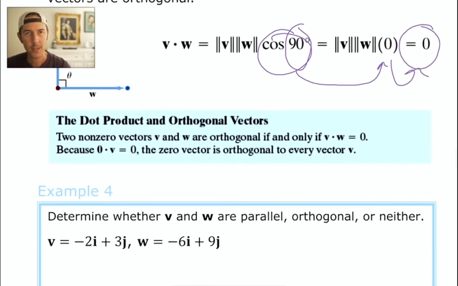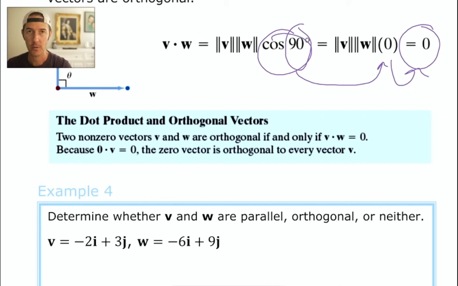So if the angle measure is 90, the dot product will be 0. If the dot product is 0, then the angle measure must be 90. The fact that we can say that forwards and backwards holds true 100% of the time.